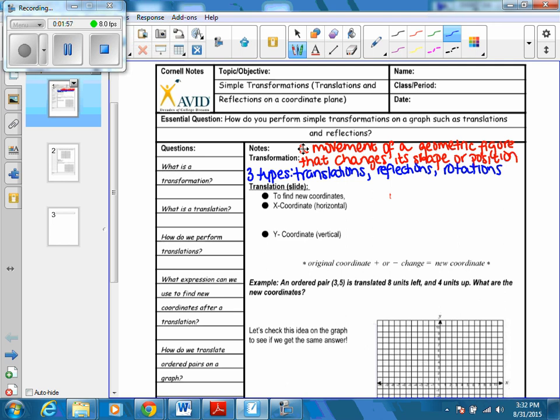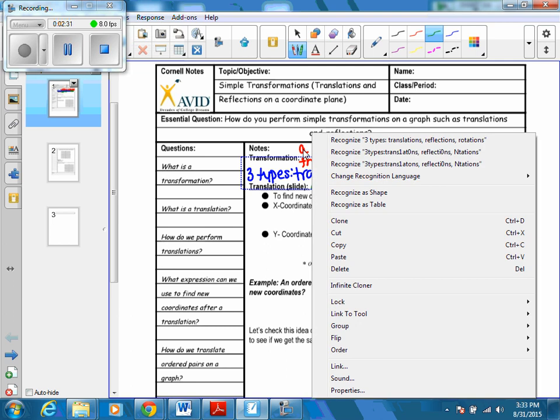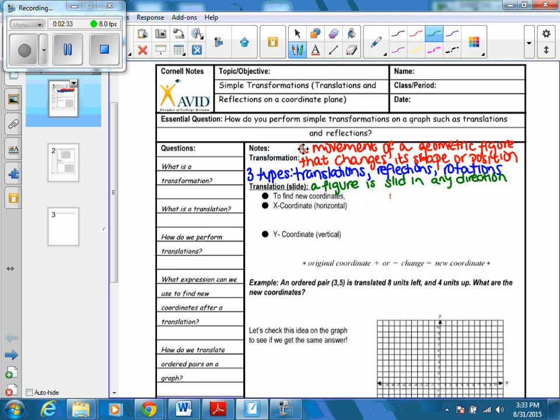So if you look at where it says translation, the translation is also known as a slide, okay? So a translation just means a transformation in which a figure is slid in any direction.